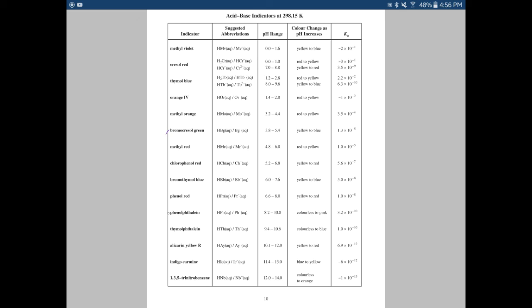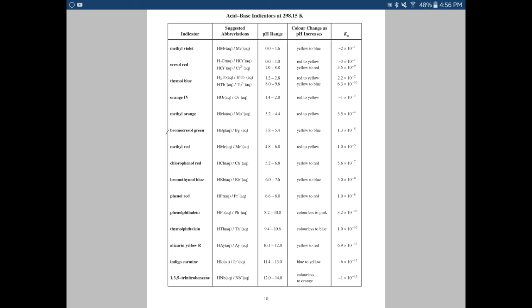Again, if you look at something like phenolphthalein, it has a pH range of 8.2 to 10. At 8.2 it's colorless, whereas at a pH of 10 it's pink. So it's pretty cool that these things will actually change color. You get some sort of color change, a chemical reaction, to see what pH range you're dealing with.